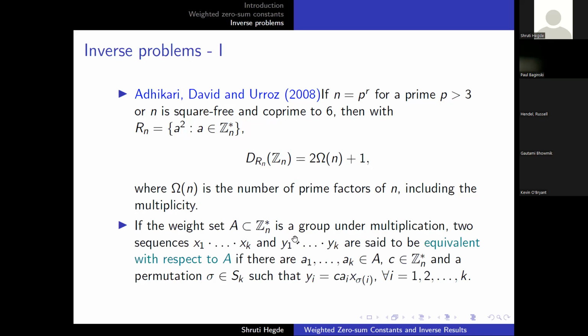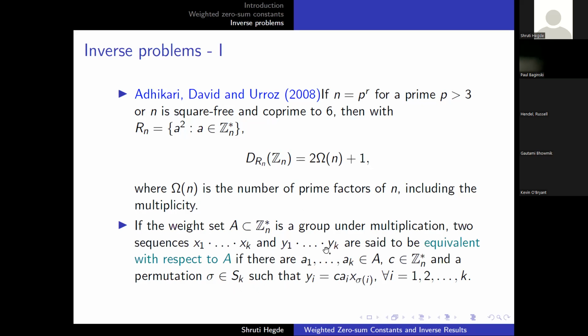Before characterizing A zero-sum free sequences, we will look at this definition: when this weight set A is a subgroup of Z_n star, then these two sequences x1, x2, ..., xk and y1, y2, ..., yk are said to be equivalent with respect to A if there are elements a1, a2, ..., ak in set A and a unit c in Z_n star, such that yi is equal to c ai x_{sigma(i)} for some permutation sigma on k integers.